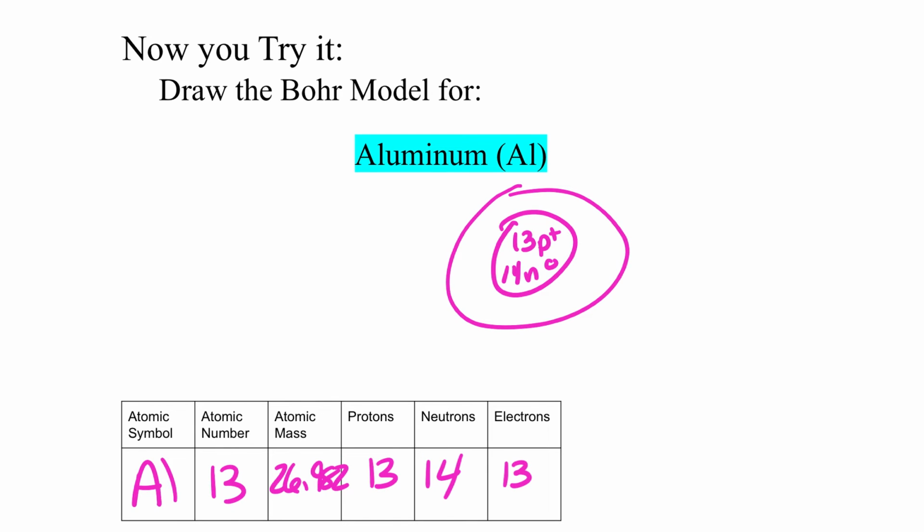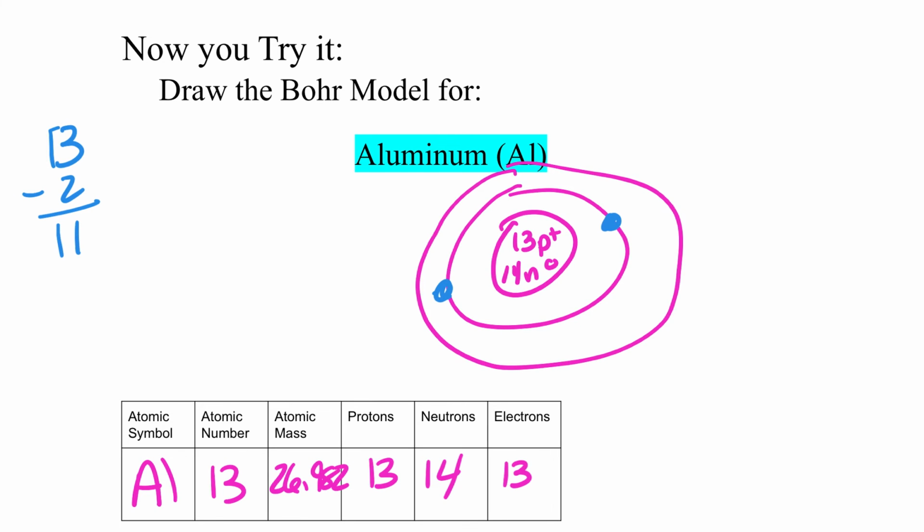My first energy level can only hold 2 electrons. So I had 13 minus 2, I still have 11 electrons. Then I'm going to draw my next energy level. My next energy level can hold 8. So I have 1, 2, 3, 4, 5, 6, 7, 8.